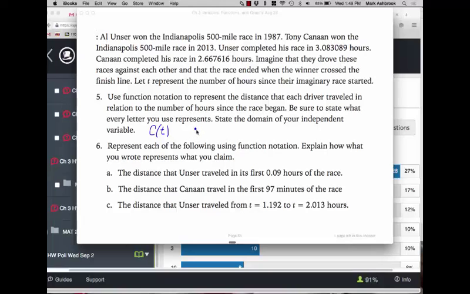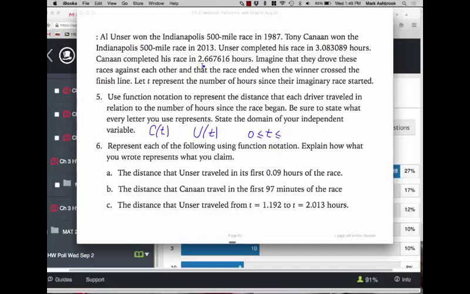And then U for Al Unser, U of t. And it said the race ended when the winner crossed the finish line. So our domain for t is going to be greater than or equal to 0 and less than or equal to how many hours for the winner to cross the finish line?